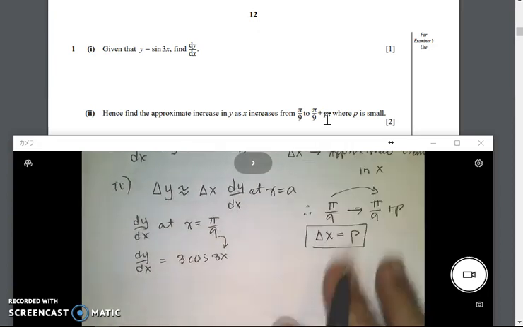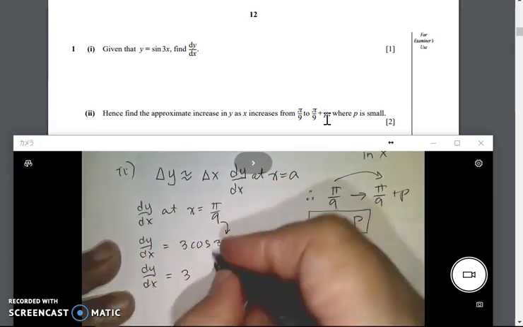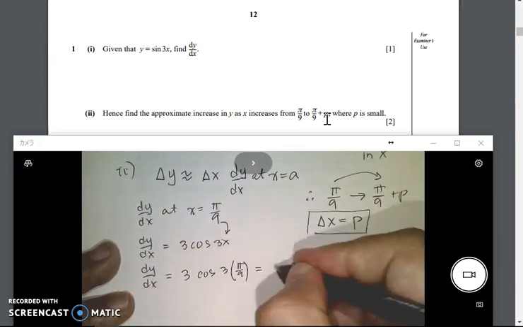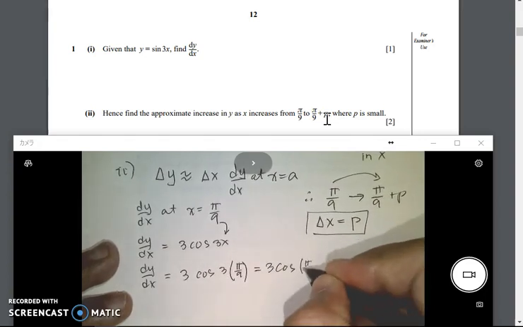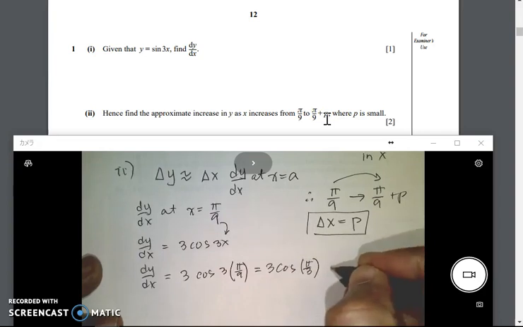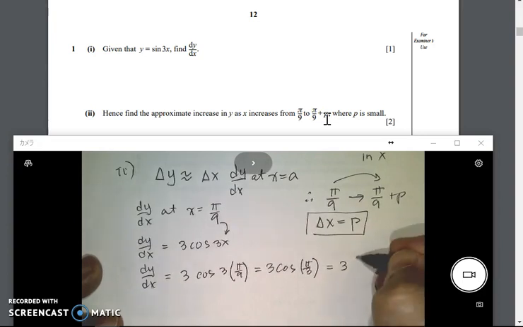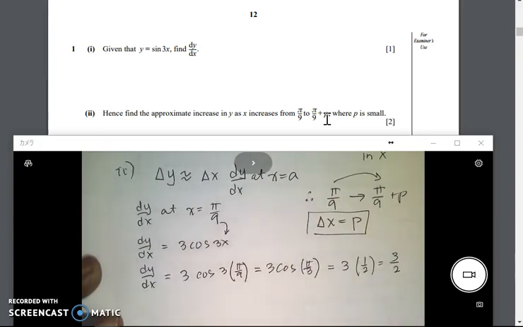So dy dx is equal to 3 cosine of 3 times pi over 9, which gives you 3 cosine of pi over 3. But the cosine of pi over 3 is equal to what? 3 times pi over 3 is 60 degrees. So the cosine of that is 1/2, times 3, so this is 3 over 2. Am I right? Yes.